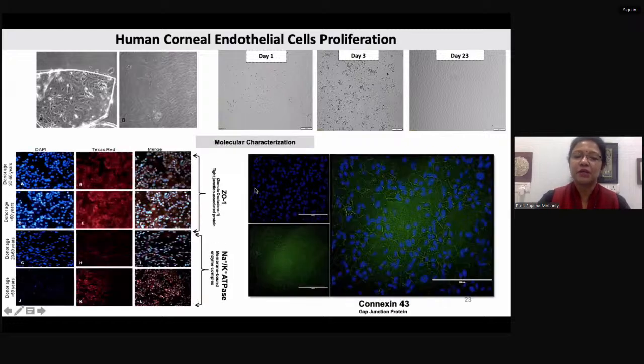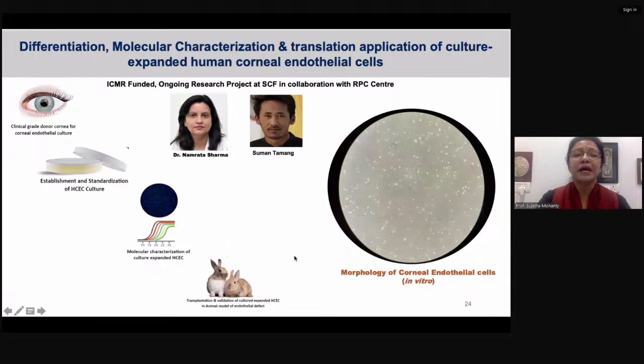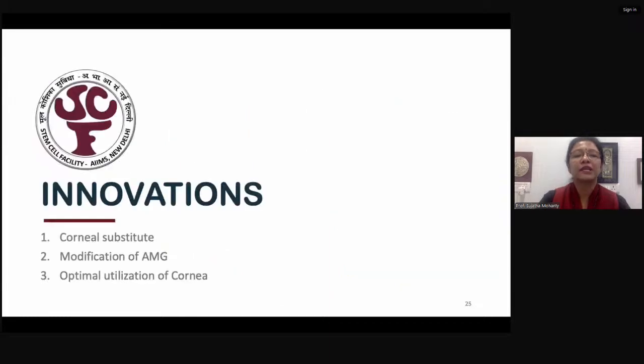We did their molecular characterization based on markers ZO1 and connexin 43, which is a gap junction protein, and found that these endothelial cells maintain their phenotype. Now with Professor Namrata Sharma and Suman from my lab, we are trying to expand these human corneal endothelial cells. We have had some success, and we would like to first test them in an animal model before going for the clinical trial.